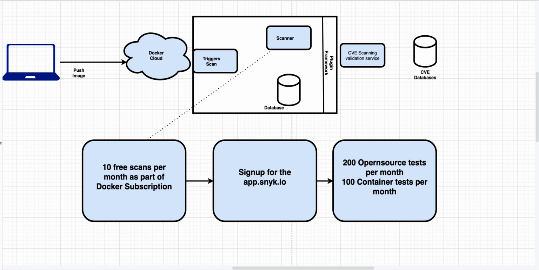But if you go under the paid subscription, you can perform as much scanning as you want. Obviously one of the ways is Docker Cloud, but that is more on the GUI side, so I will be taking up the CLI side and show you how you can perform it at the CLI level itself.